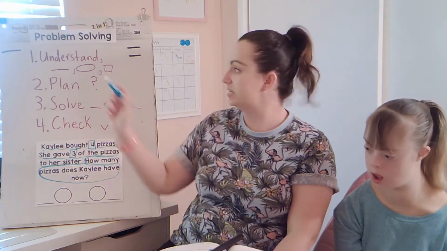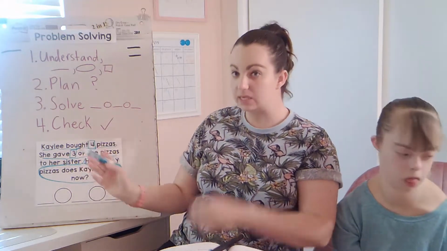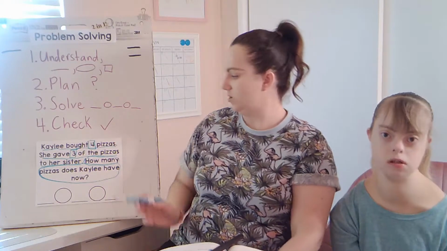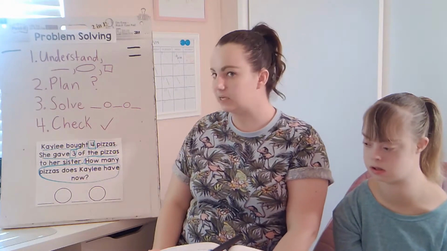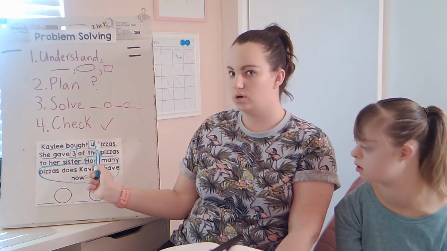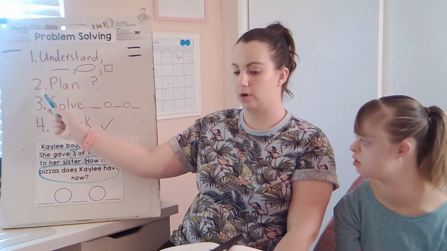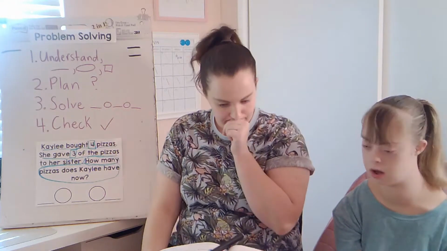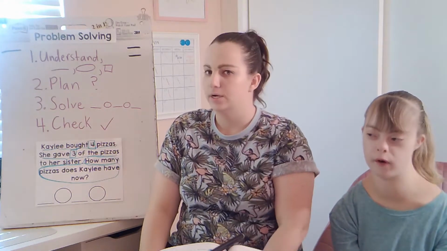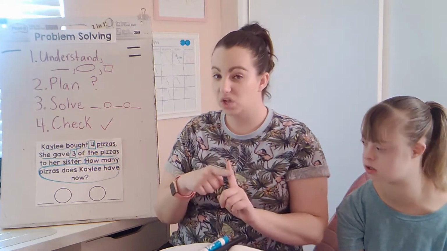Okay, we did step 1. We understand the problem. She has 4 pizzas, gave 3 away. We have to find out how many pizzas Kaylee has now. And we see our numbers are 4 and 3. Okay. Step 2, plan. Do you think this is going to be an addition, a plus?